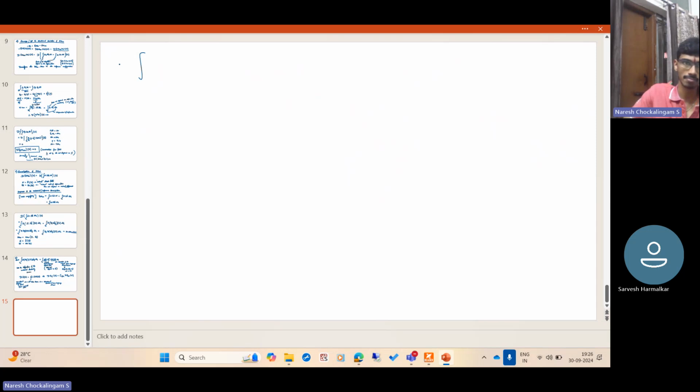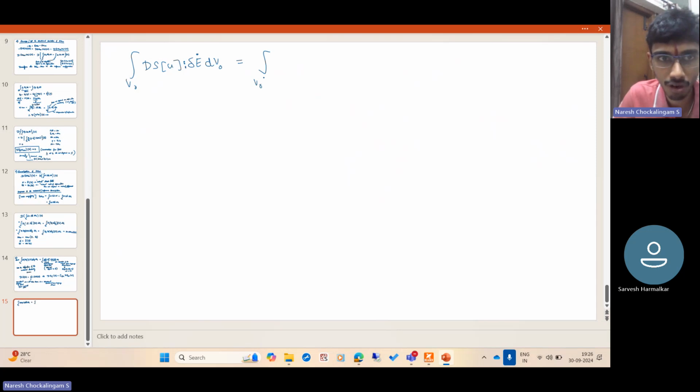So the first term, the directional derivative dS in the direction U double dot with del E dot, dV naught, is equal to, just use the definition of the elasticity tensor. We get the integral over volume V naught of dS_ij in the direction U times del E dot_ij dV naught.